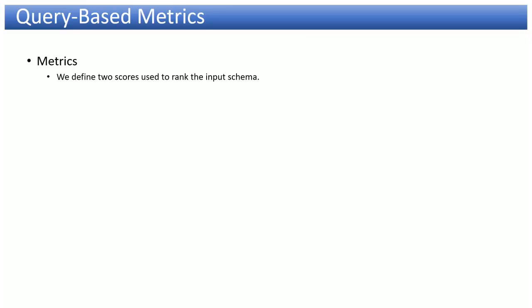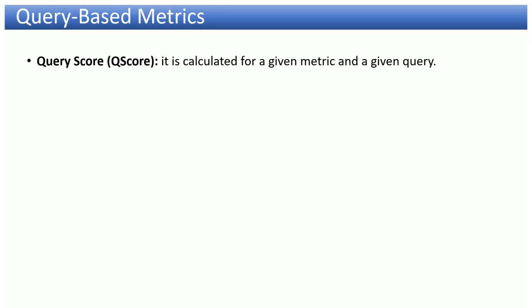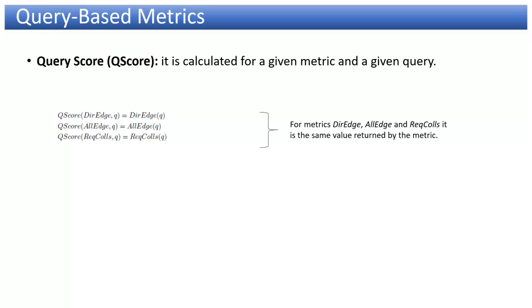We also define 2 scores used to rank the input schema. The first one is named query score. It is calculated for a given metric and a given query. Here we can see the definition of the query score for the metrics dir edge, all edge, and graphs. It is the same value returned by the metrics, as we can see here.